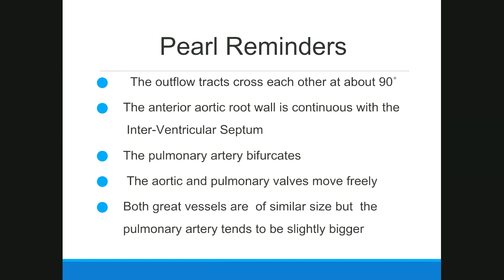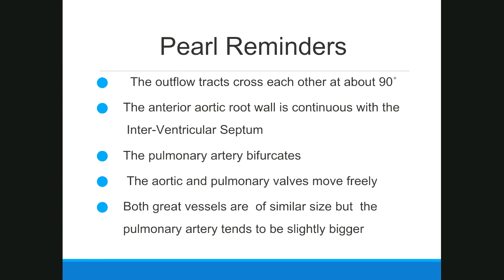So the biggest takeaways that you want to remember, like I said, if I haven't said it enough, the outflow tracts cross each other at about 90 degrees. The anterior aortic root wall should be continuous with the interventricular septum. So it should be nice and smooth when you move up from the interventricular septum up to the origin of the aorta.